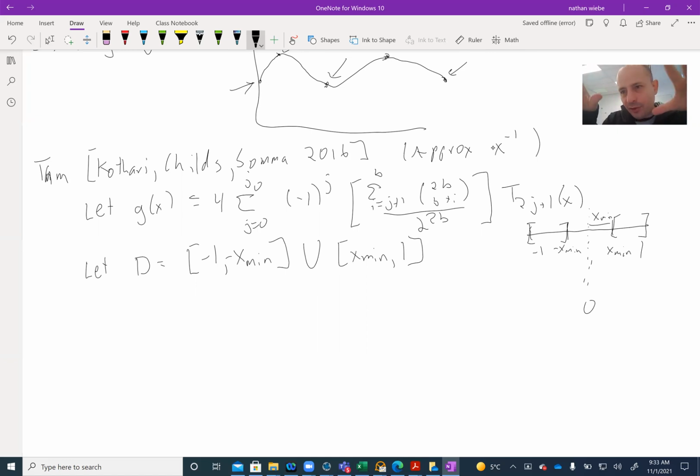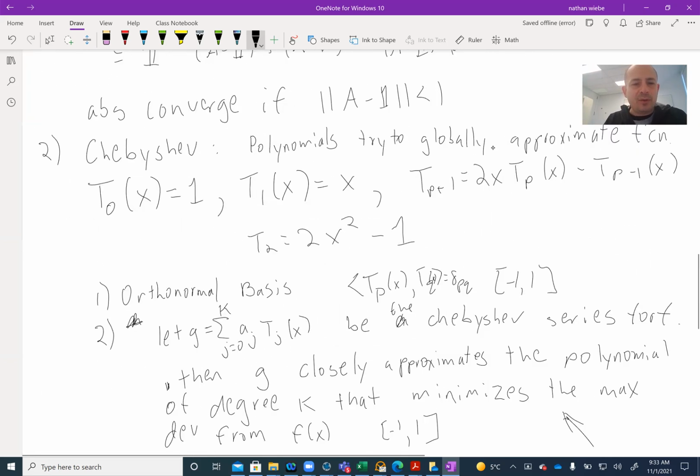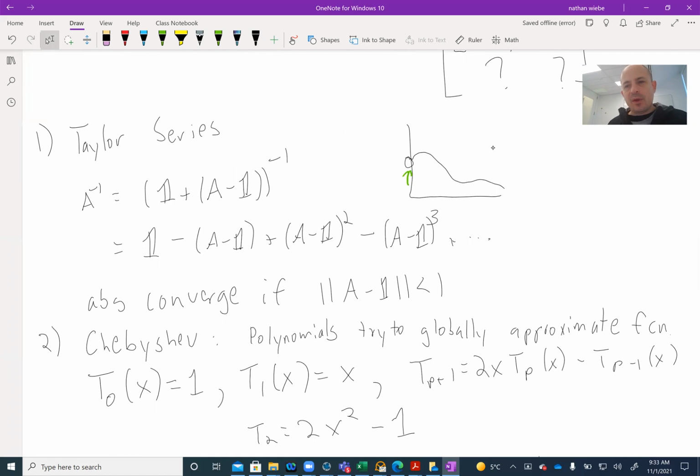So after cutting this away, we're left with two regions, and the union of those two regions we've called D. And the reason why we cut away this central region is the exact same reason why we forbade the operator to be too close to 0 up here.